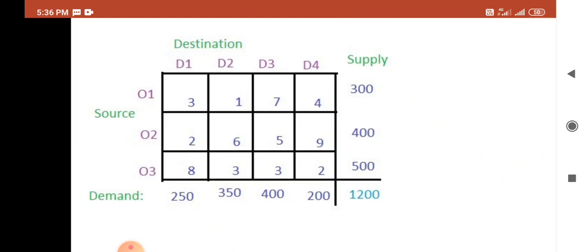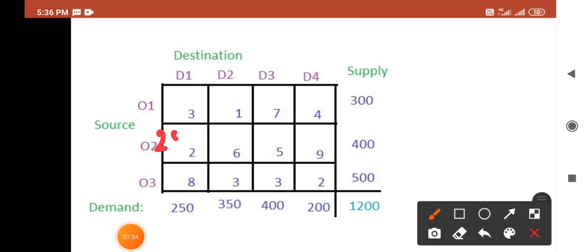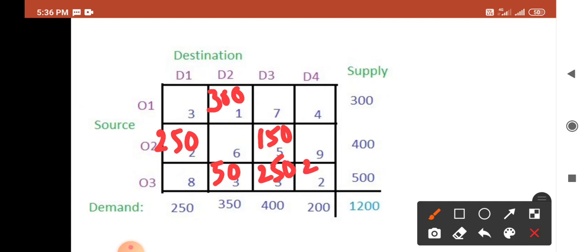Here we have made 250 units, then 300 units here, then 50 units here, then 150 units here, then 250 units here, and here 200 units.